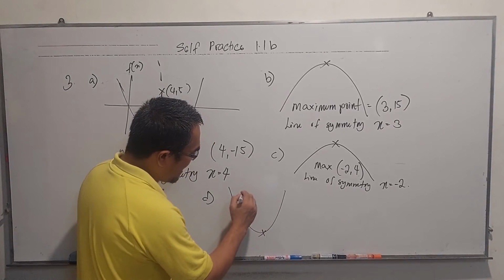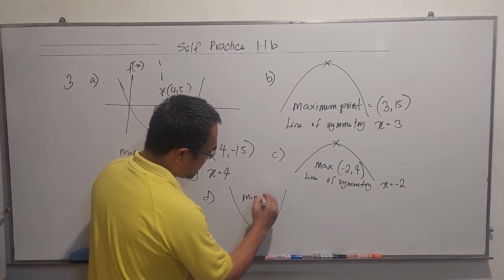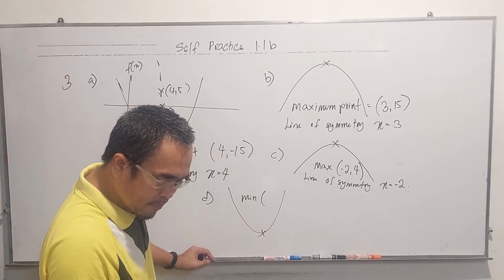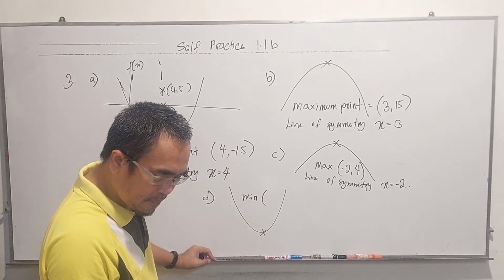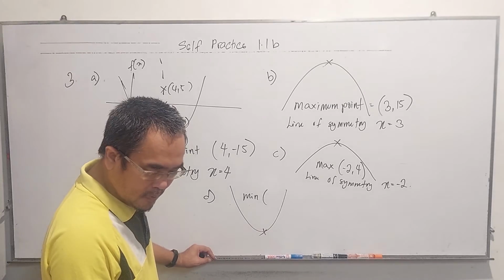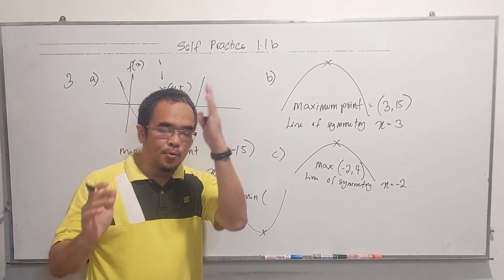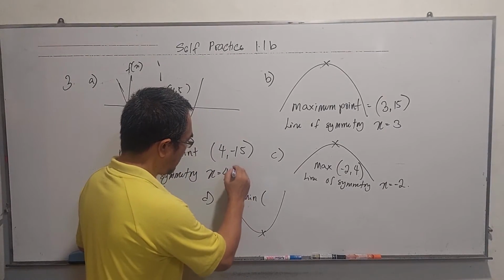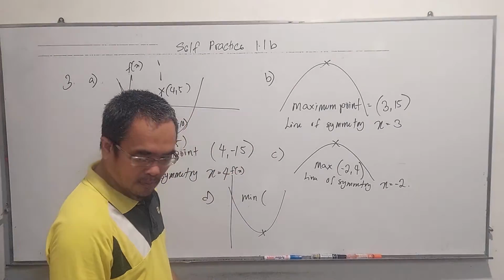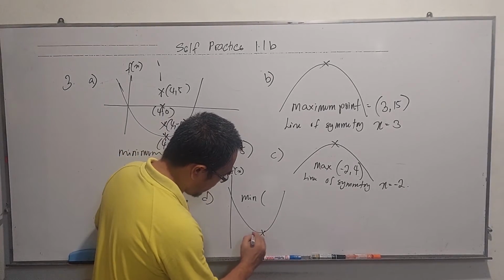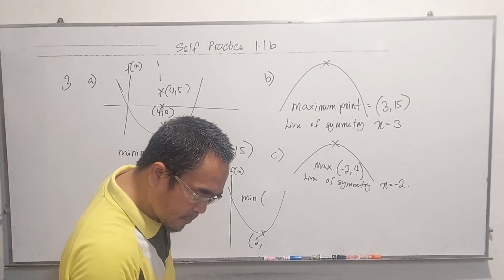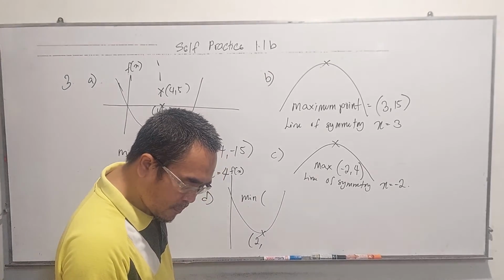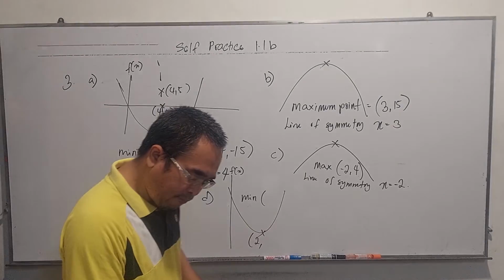So first it is a minimum point. What is the coordinate of the minimum? Negative 2. Wrong. It's on the right side of the y-axis. 2, and negative 3.